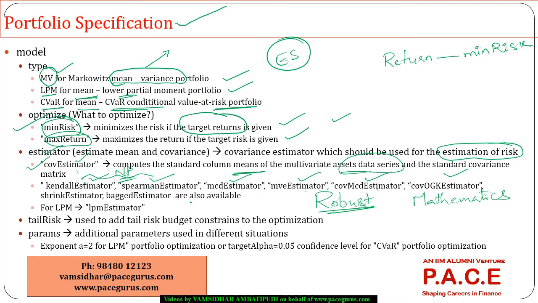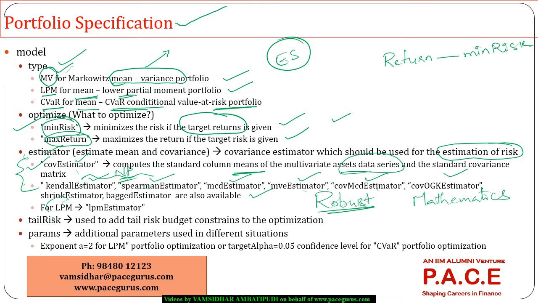Which means these specifications can also be changed, and different kinds of portfolios can very well be created. So all these are the different kinds of estimators in case you are selecting MV, Markowitz, as the type of the portfolio.